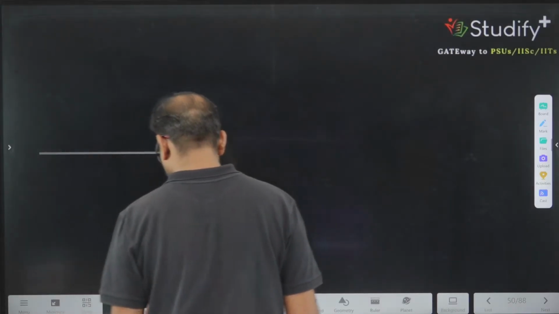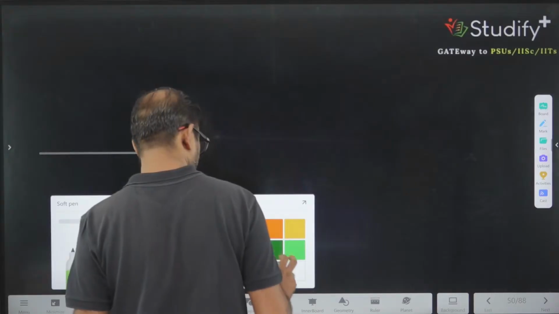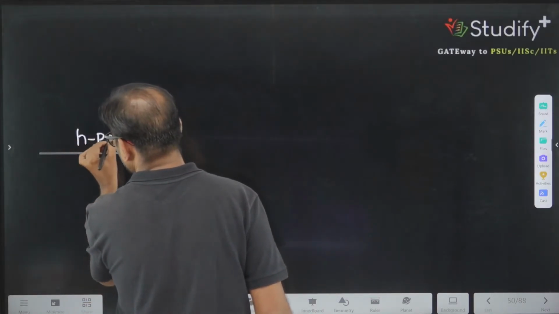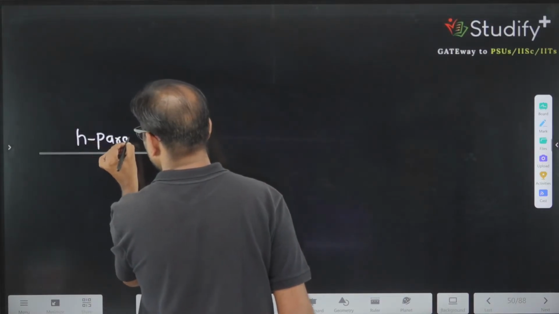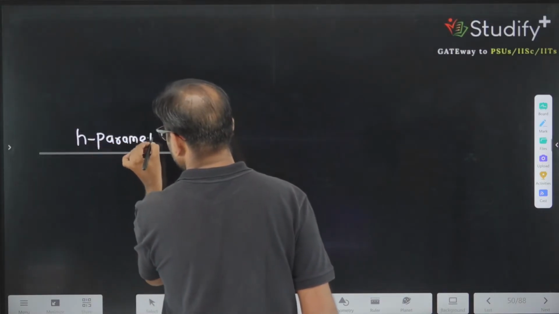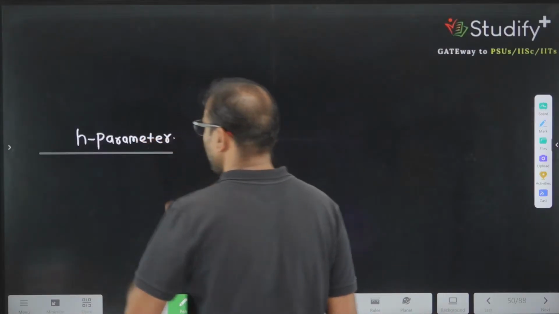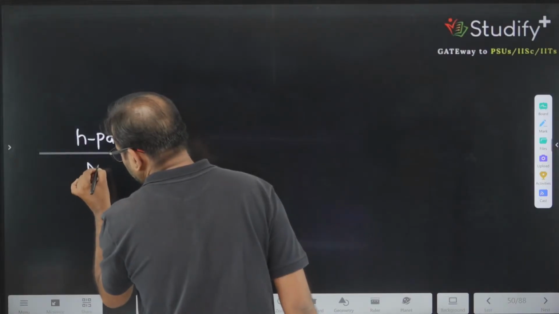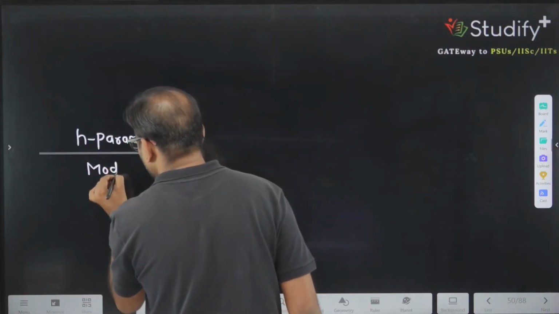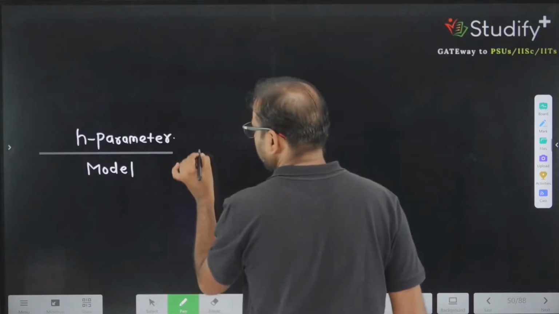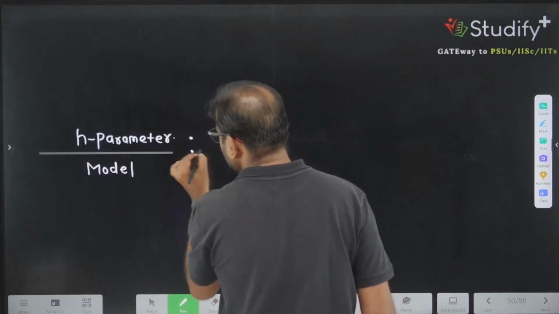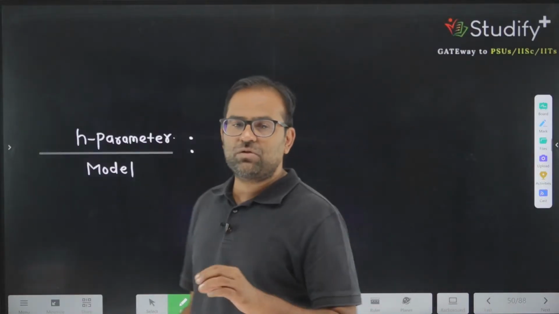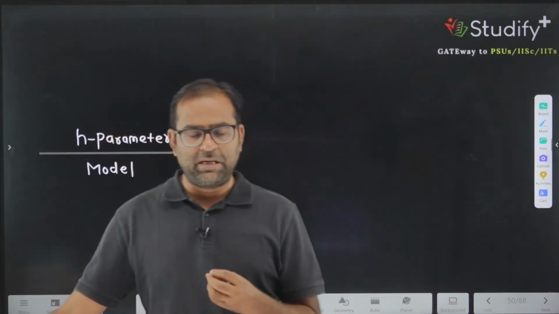Next is H parameter model. Hybrid model, H parameter model. H parameter model is useful for analyzing the bipolar junction transistor. All kind of transistor you can analyze with the help of this model, because this will give you some significant parameters.